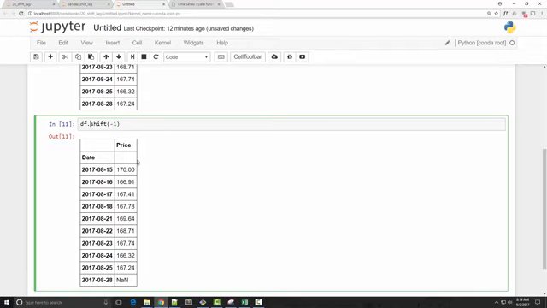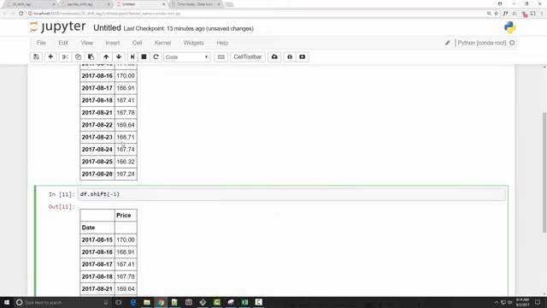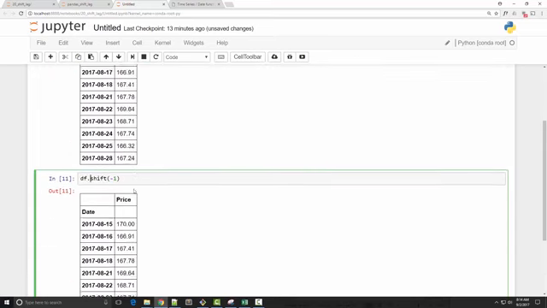Now you might be wondering, what is the use of this shifting method? So one common use in financial analysis is to calculate, let's say, percentage change in 1 day prices. Or let's say just calculating the price change in certain amount of days. So what I'm going to do here is I'm going to demonstrate that.